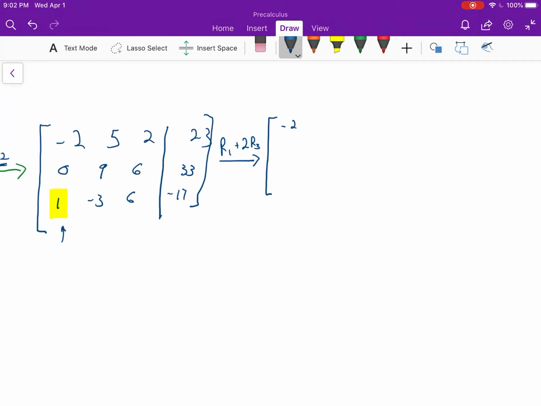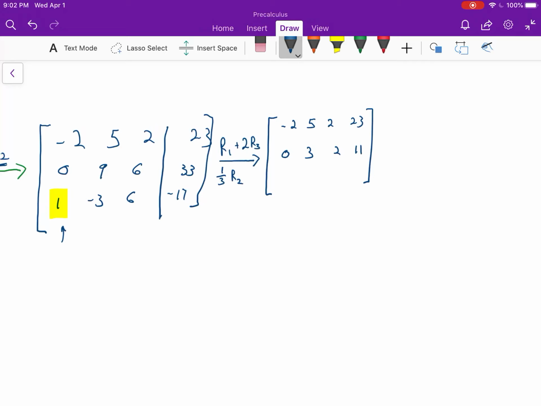We can rewrite our first row: -2, 5, 2, and 23. As I'm looking at row 2, I notice everything here is a factor of 3. So I'm going to multiply everything by 1/3, 1/3 times row 2, just to simplify that a bit. So that's going to be 0, 3, 2, and 11.